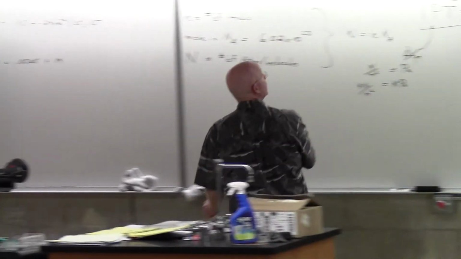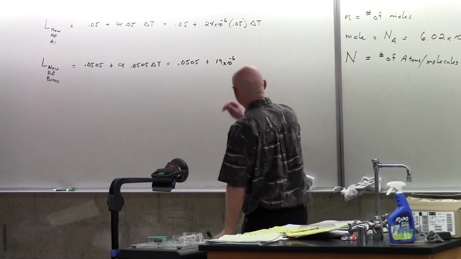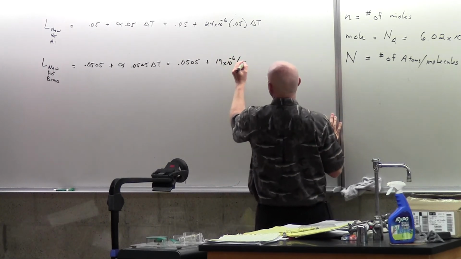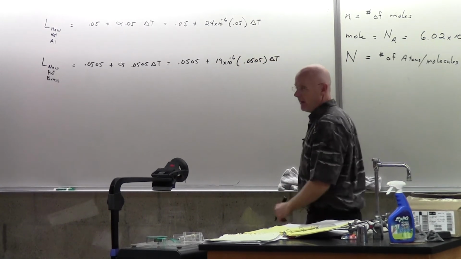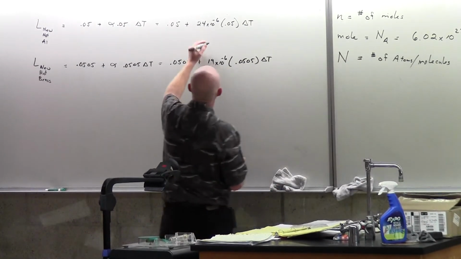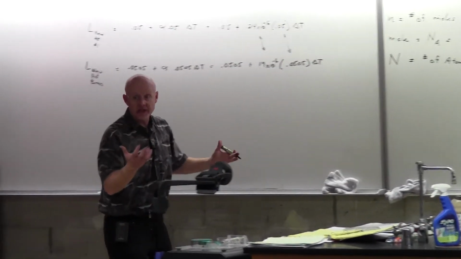Did I say it was a 19? Yeah, 19 times 10 to the minus 6, and then 0.0505 delta T. And so, of course, they would have a different alpha because they're different materials. They would have a different starting length because that was what they started with.